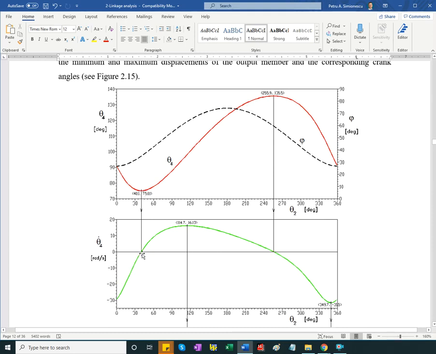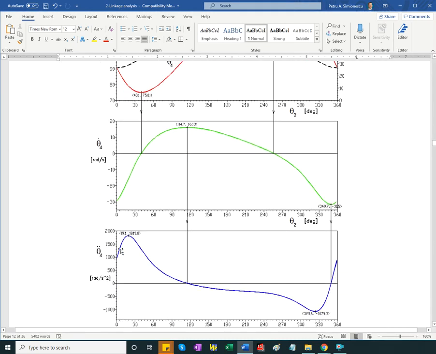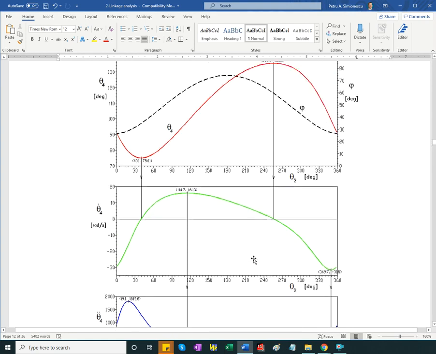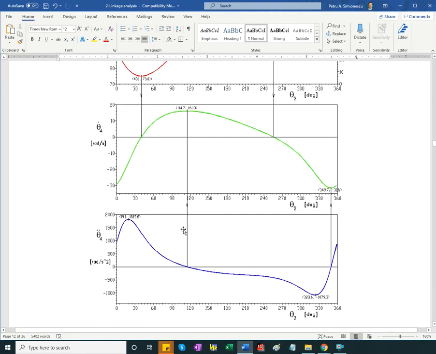So limit positions also coincide with 0 velocity. It's where the direction of velocity changes, going from negative to positive or positive to negative through 0, so that's the limit position. And of course, acceleration is the time derivative of the velocity, and where I have a maximum velocity, I have 0 acceleration.